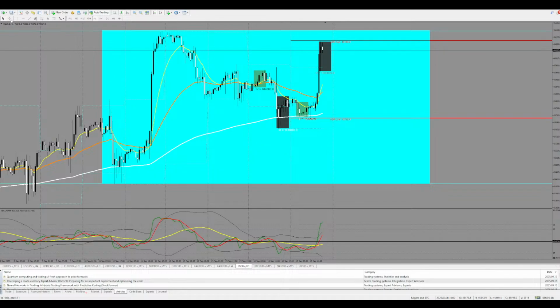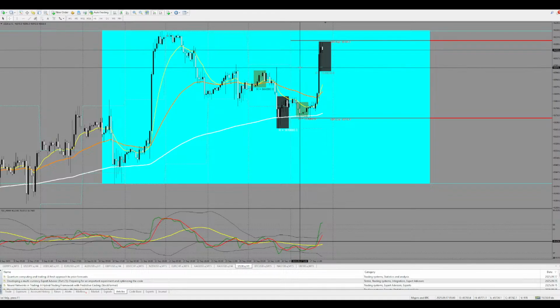However, we've seen that price came and broke this. So officially price has started setting a new higher highs. So that means it means price has already broken structure.